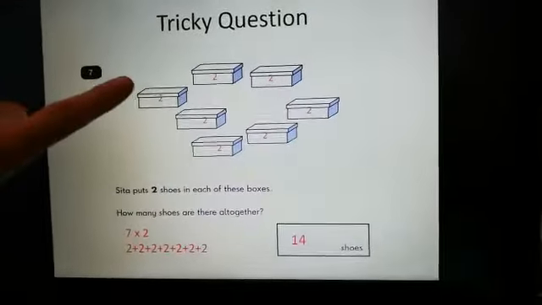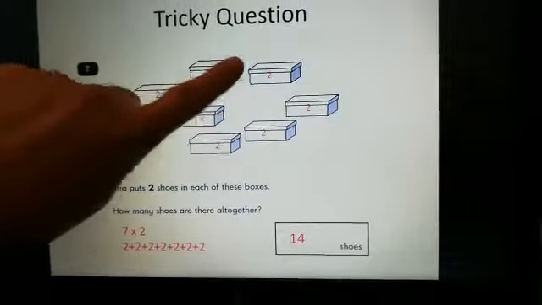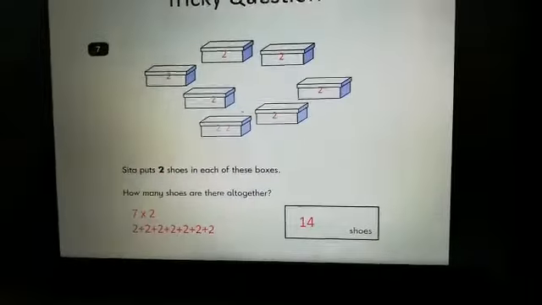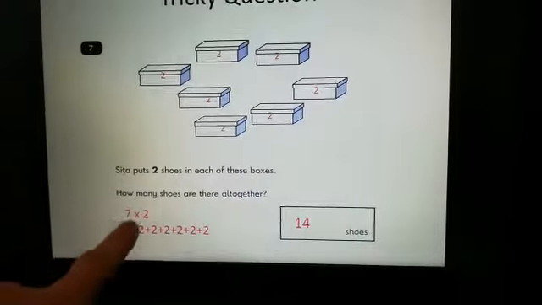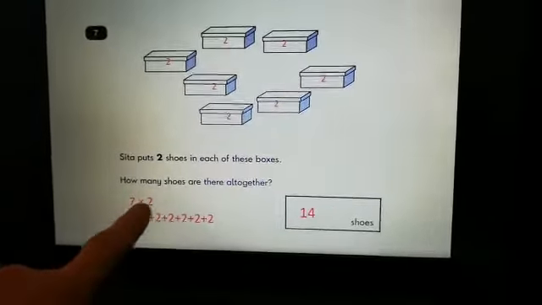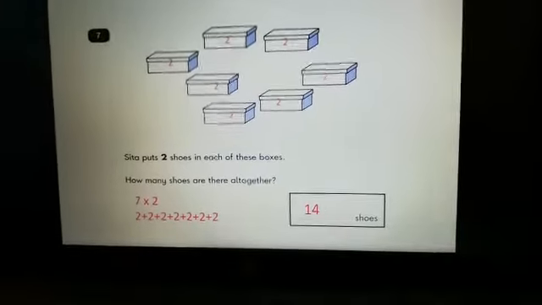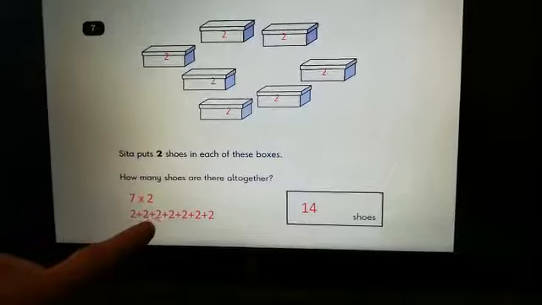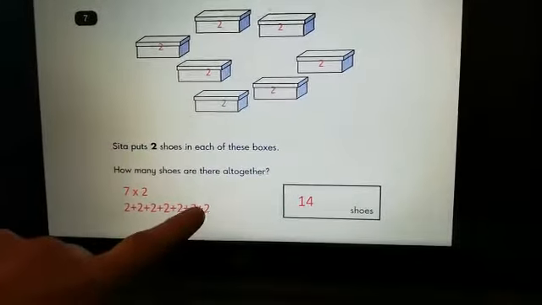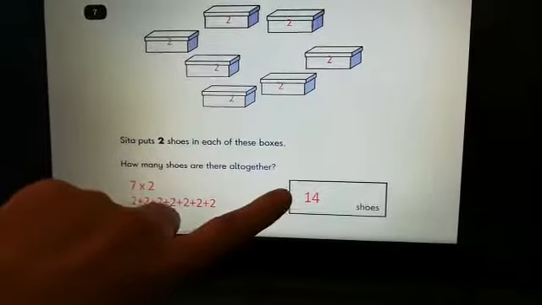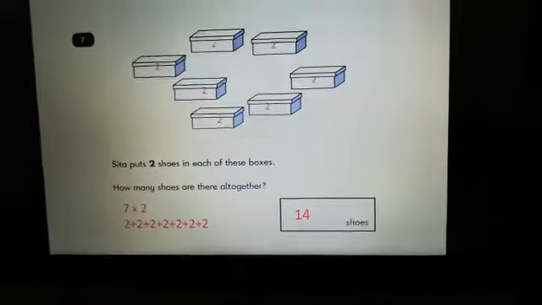So she puts 2, 2, 2, 2, 2, 2 and 2. So you've either got 7 times 2, 7 lots of 2, or remember multiplication is repeated addition. 2, add 2, add 2, add 2, add 2, add 2, add 2, which is 14 shoes.